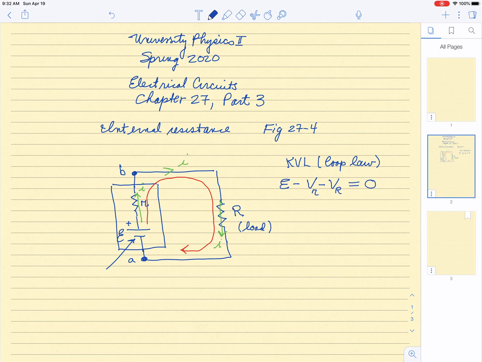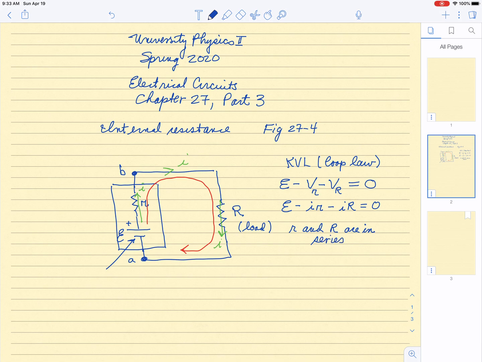Now, using Ohm's law, we know that the voltage across the internal resistance is going to be the current times the resistance, and the voltage across the external resistance is going to be I times capital R. It's going to be equal to 0. And we'll recognize that lowercase r and capital R are actually in series.